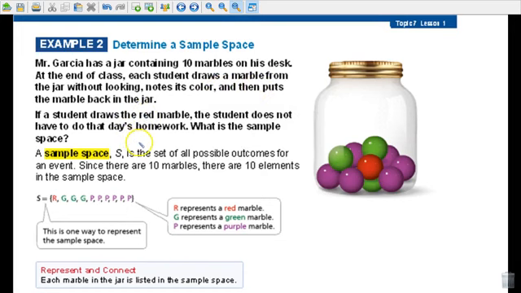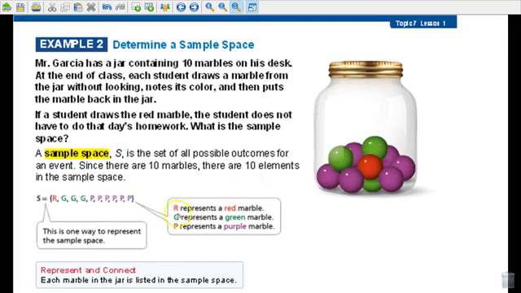If a student draws the red marble, the student does not have to do that day's homework. What is the sample space? A sample space, S, is the set of all possible outcomes for an event. Since there are 10 marbles, there are 10 elements in the sample space.